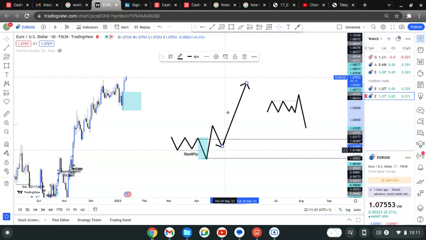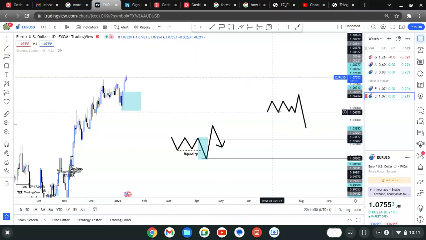The opposite side, this is a bearish market: liquidate them, break of structure. This whole zone is now the supply zone.